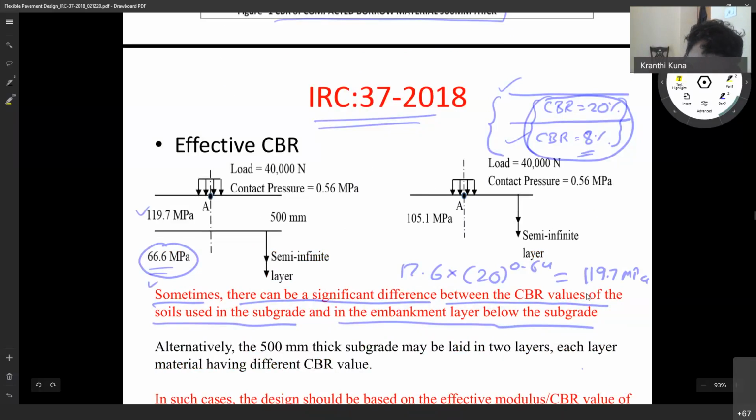You model this pavement, and we put a single wheel load of 40 kilonewton.